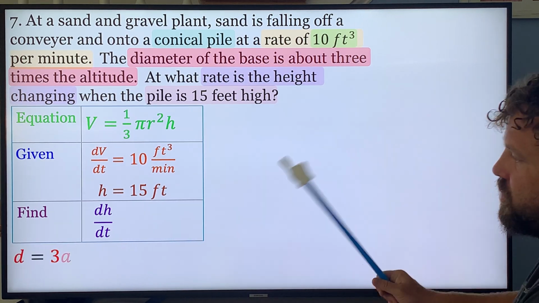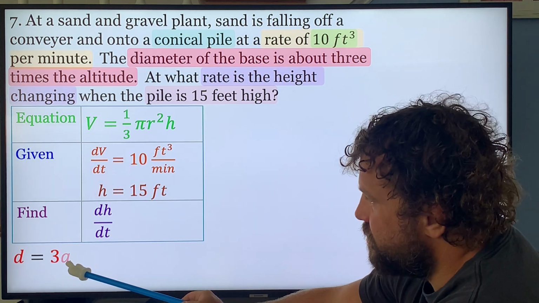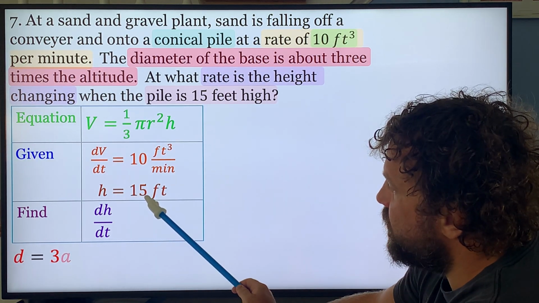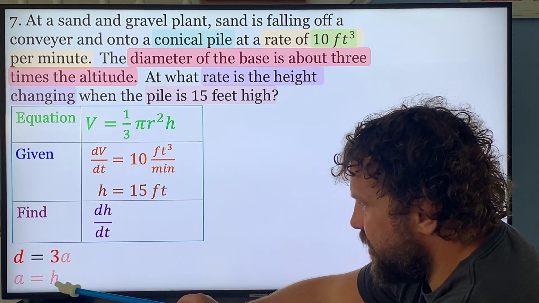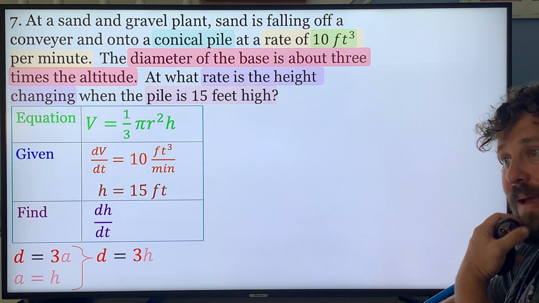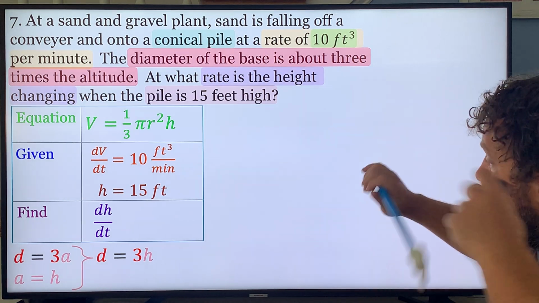So the diameter is 3 times A. Do we know either of those right now? No. But we will know when it's 15 feet. So, altitude is the same as height, so the diameter is 3 times the height. They just use synonyms, altitude, height.